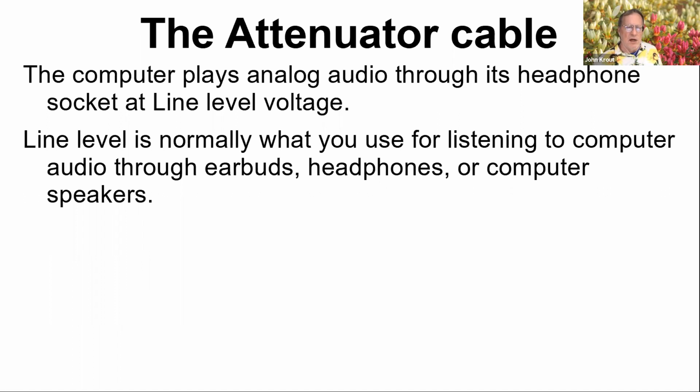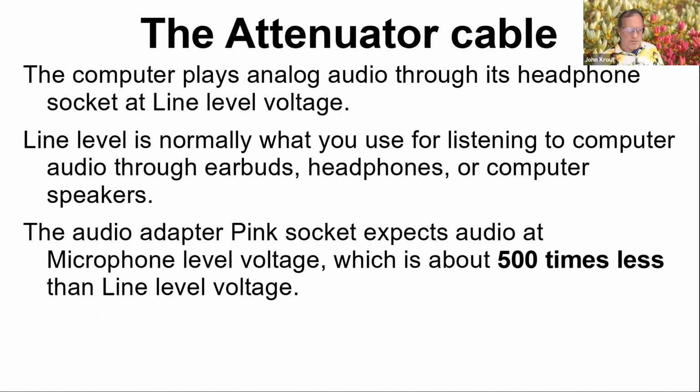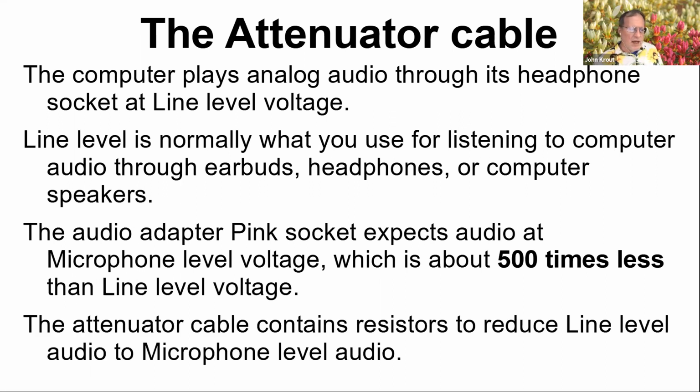Microphone sockets are designed for much lower audio levels, as you might guess, provided by microphones. So if you try to stuff line level through that pink connector on the audio adapter, it's not going to sound good. It has a lot of distortion in it. And the attenuator cable reduces the line level to microphone level, which is appropriate for the microphone input.